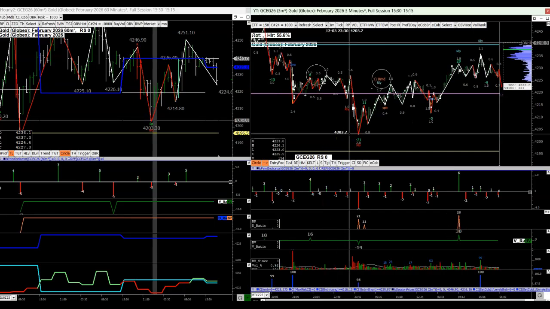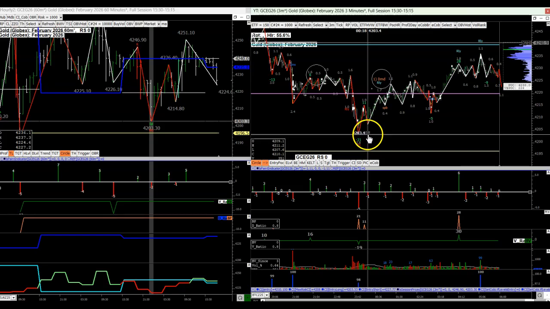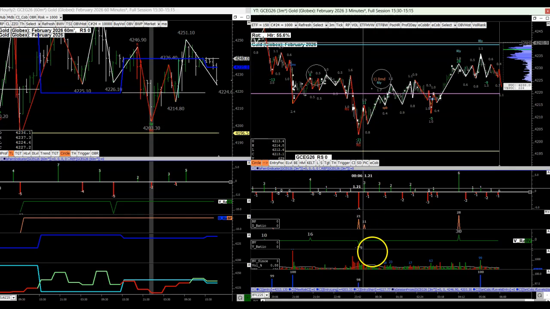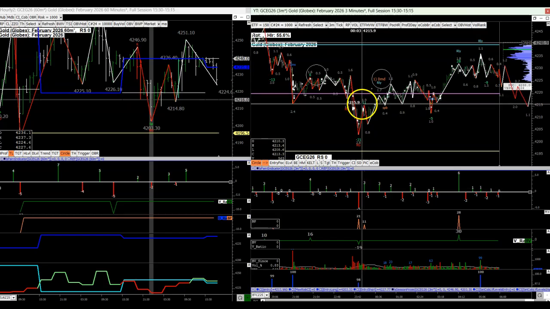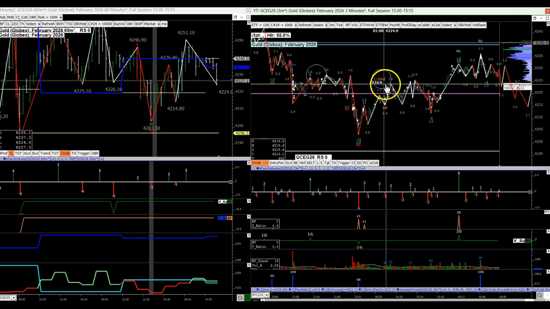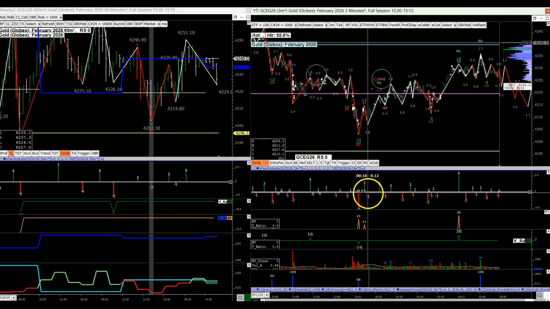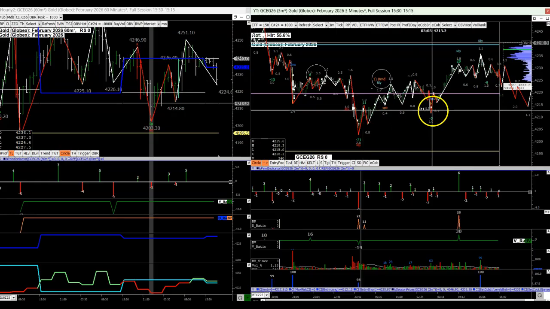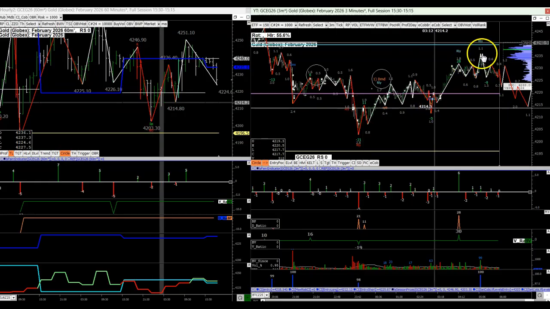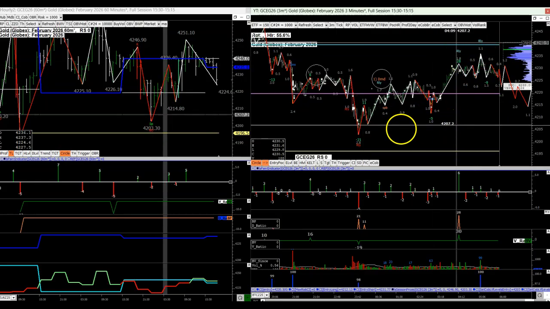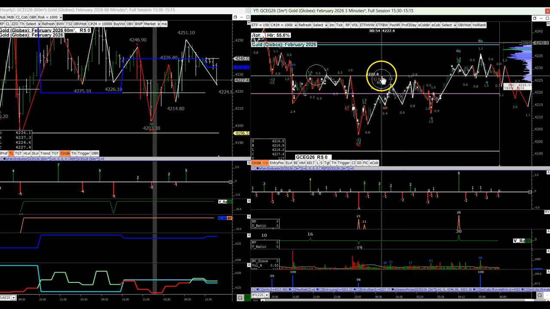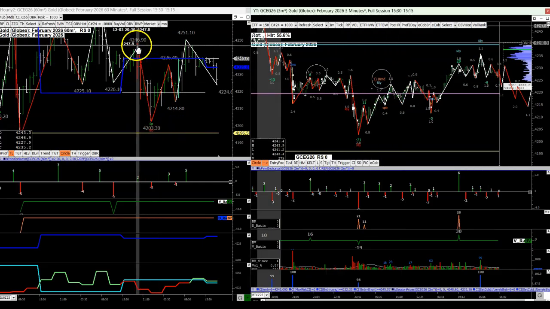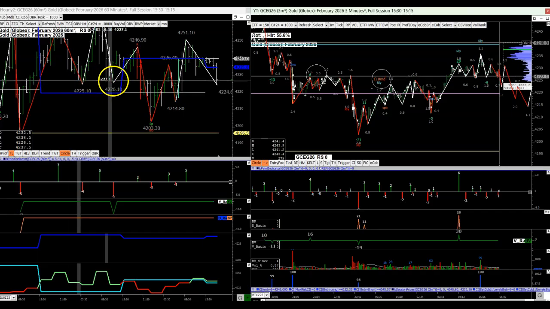Now, again, I prefer stronger volume, but the price action there is saying that it's being bought. See this? See the demand? There is demand. That demand got tested and price went up. Right there, demand. So what happens is price breaks these lows.